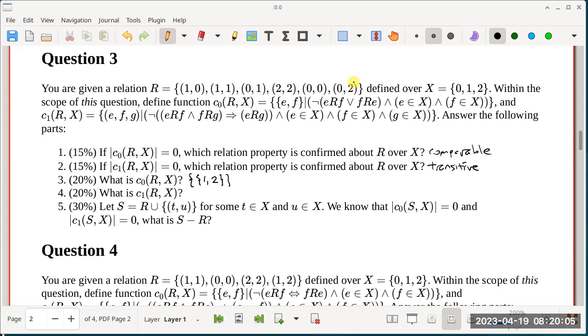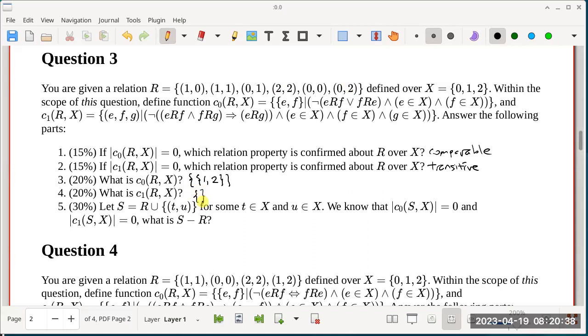Now we look at 2, 2, 0, 2 is here, 2, 2 is here. We are missing 2, 0 to make it transitive of 0, 2, 2, 0, and then 2, 2, but that's okay because it is still transitive here. So I believe it is an empty set here. So we make this an empty set.